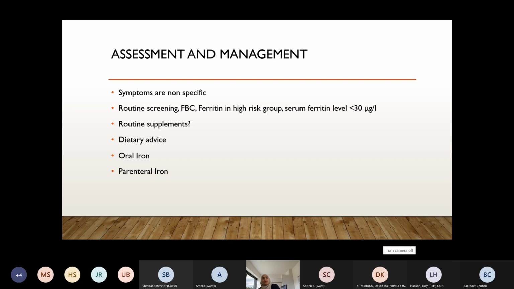Only high-risk women, people with previous PPH or twin or multiple pregnancies, or a short interpregnancy interval and things like that, we can offer ferritin levels to screen for iron deficiency and then supplement accordingly.